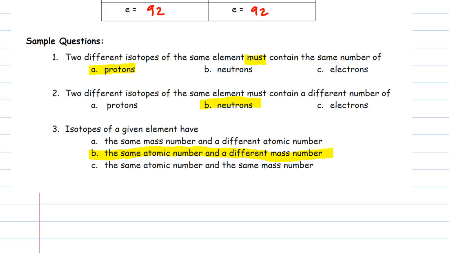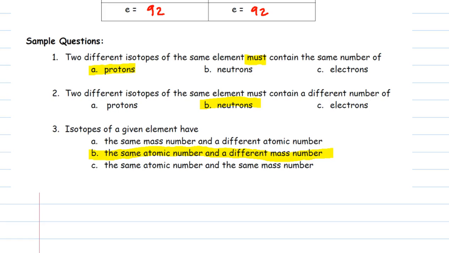Number 2, 2 different isotopes of the same element must contain a different number of neutrons. They can't have a different number of protons, and they may or may not have a different number of electrons. Remember, the number of electrons determines an ion, not an isotope.